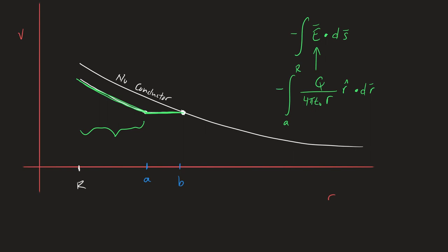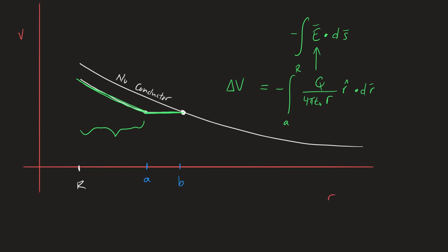Now, this is just going to get us a value for how much the potential changed from A to R. So this no longer equals the electric potential. This equals the change in potential from A to R. And this would only have been the electric potential if it had started from a place where the potential was 0 at our starting location, and this one doesn't. This change in potential is starting at a place where we already have a potential.